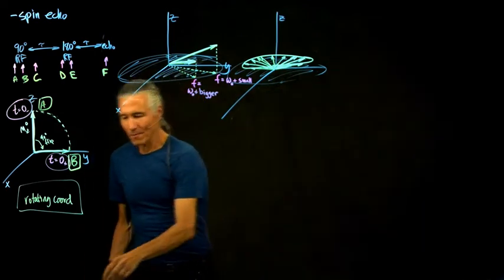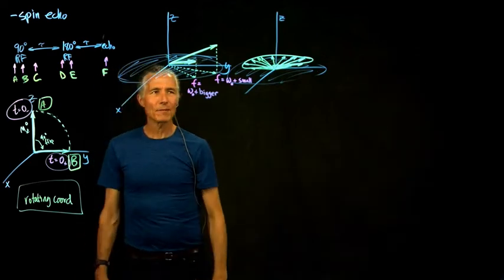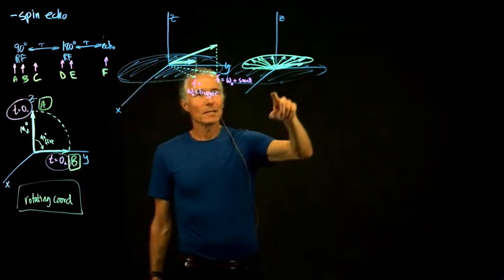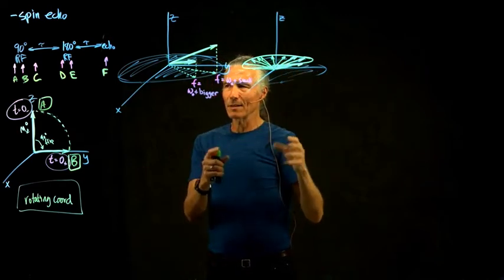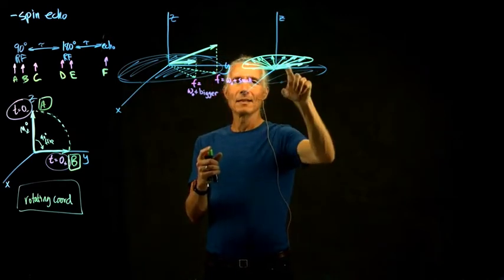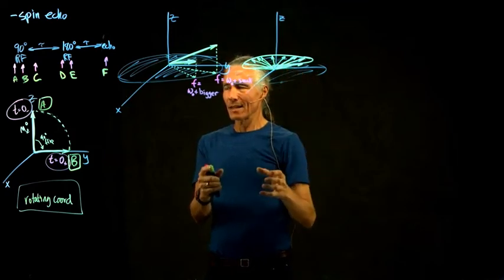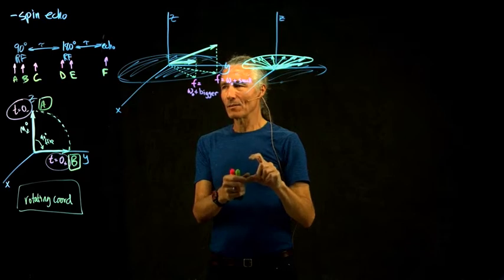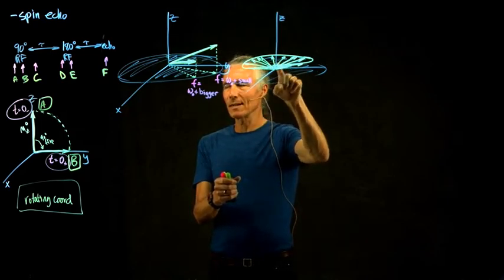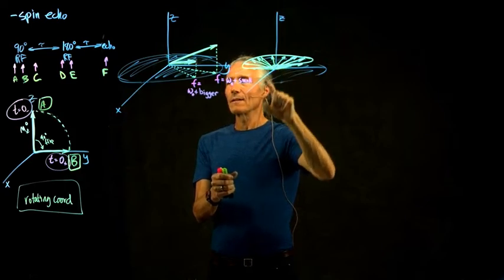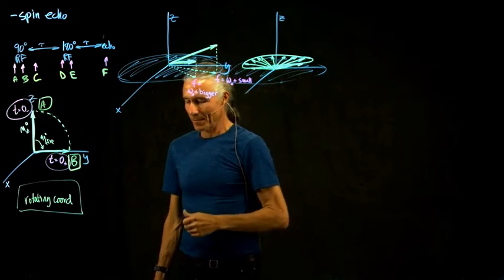That's the state we're talking about, where we have long vectors, because T2 decay due to jostling with other protons hasn't occurred yet, but a static offset in the B0 field that's different for each of these guys causes them to get out of phase with each other.